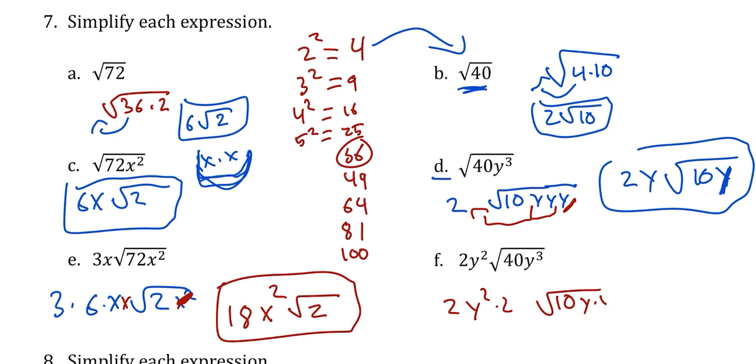So we're going to leave one y on the inside because it didn't have a pair. And we're going to bring that pair of y's outside and write it as a single y. Now this again is our final answer, but we're going to simplify a little bit. We have 2 times 2 gives us 4 on the outside. y squared times y gives us y to the third. And then on the inside, we're going to have 10y left. That's our final answer.